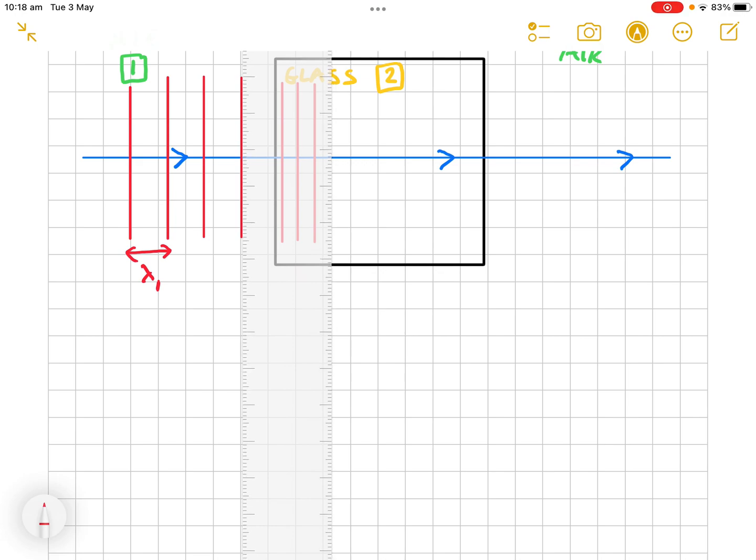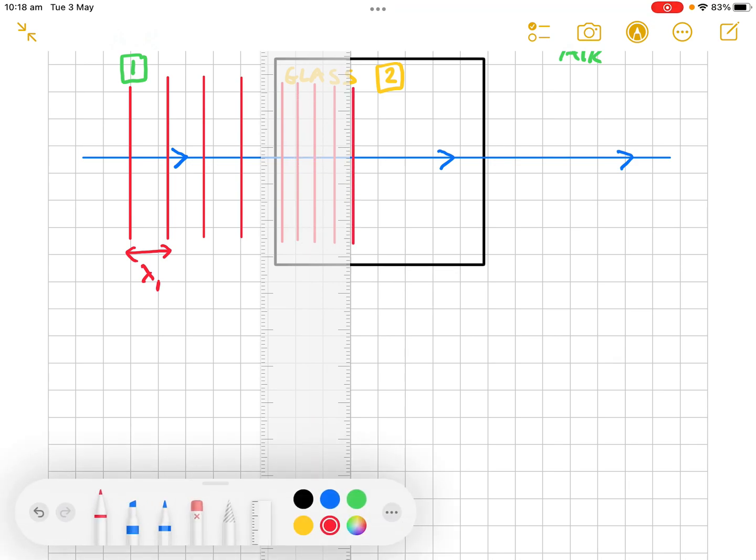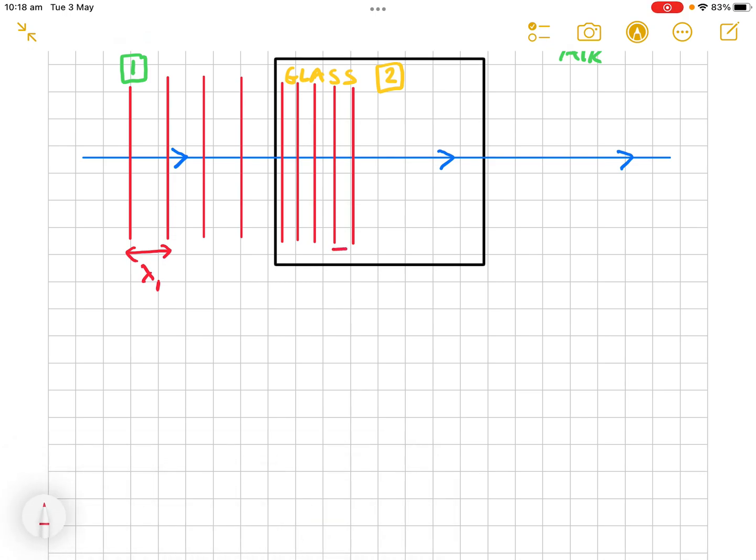And that carries on all the way across. Now, I'm not going to complete the diagram all the way across, just for convenience, but you can see that what we've now got is a much smaller wavelength 2. That's the shorter wavelength in the glass.